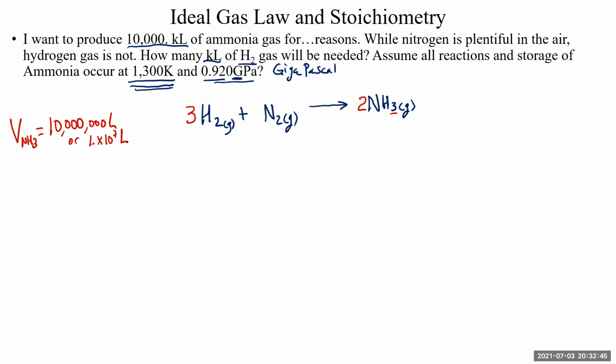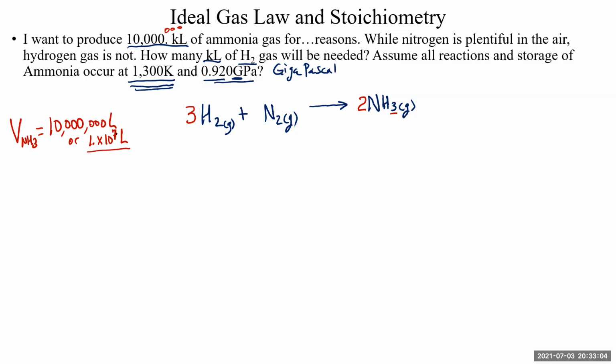Remember, a kiloliter is 1,000 liters. So we take 1,000 multiplied by 10,000, that gives us 10 million, or 1 times 10 to the 7th liters. Since we're going to be dealing with liters anyway, let's just put this in liter terms. So that's our volume. What about our pressure?